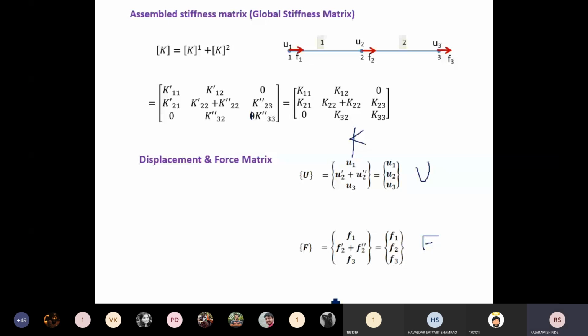Any doubt in this equilibrium equation? I will wait for a few minutes. If you have a doubt, you can ask me. Pranjal, if you have a doubt, you can ask me. No, sir. Patil, Pratik Patil.